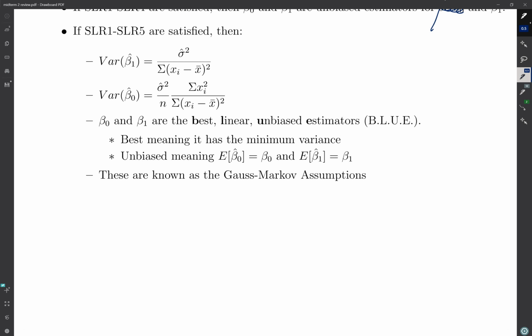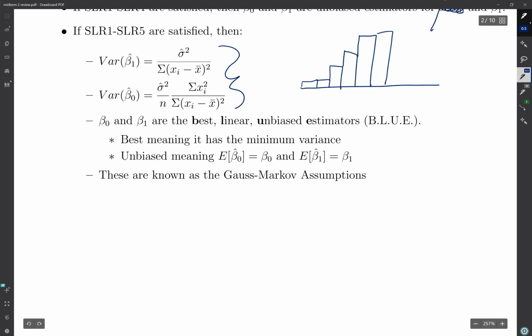If all 5 are satisfied, then we can make these statements about the variance of our beta 0 and beta 1. Remember, these are estimates, right? So maybe if we were able to collect a whole bunch of our estimates from different samples, then we'd get some sort of a distribution of them, and we'd have some sort of a mean, and the best guess of all these different things for some beta j would be the average, right?